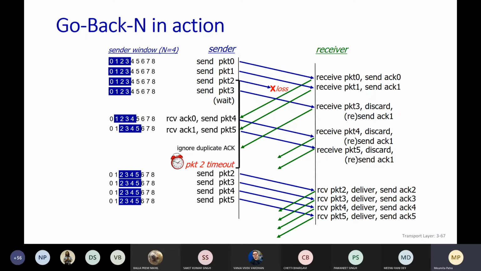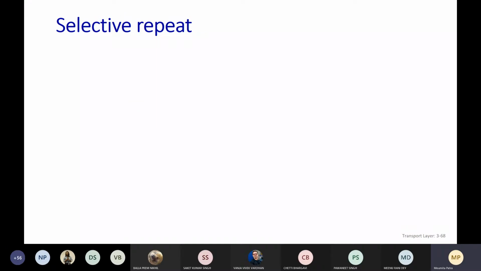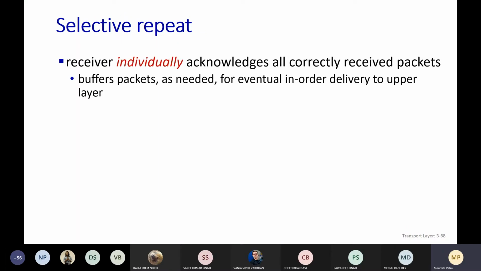Now the problem with Go Back N is that we are basically wasting a lot of resources. So can we have a better protocol than this one? With this came the protocol called selective repeat protocol. So what's happening here? The receiver will individually acknowledge all the packets which are received correctly.